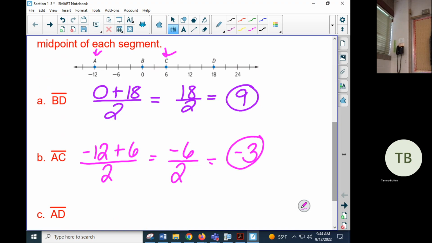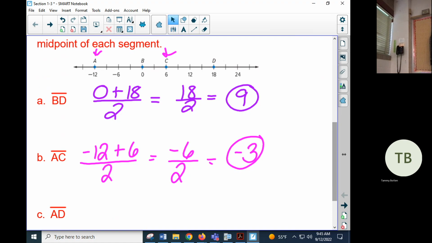Now, here's what I was saying about the calculator. You can type this into your calculator, but if you want to type it in as all one keystroke, you would go -12 plus 6, enter, and then divide by 2. Or you'd put the top in parentheses. If you typed in -12 plus 6 divided by 2, it would only divide the 6 by 2.